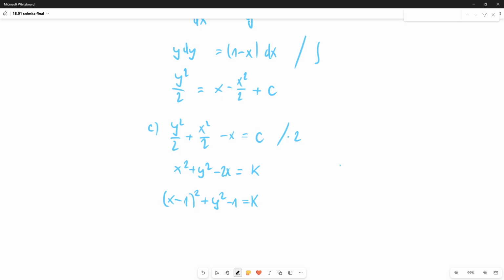But in general, this is an equation of a circle, so we can write it down as (x minus 1) squared plus y squared is equal to r squared, where r squared is equal to k plus 1.